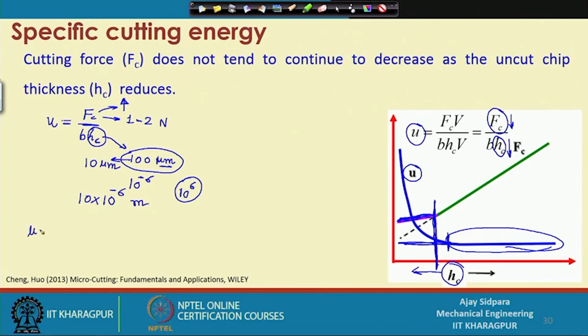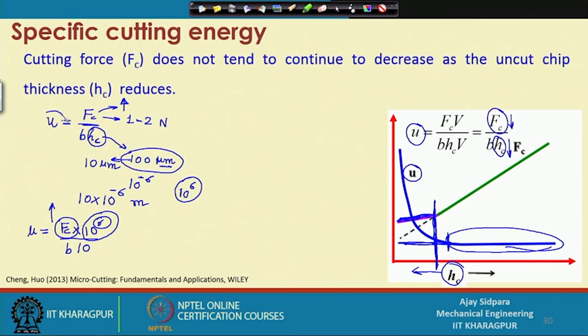So, now u will be Fc into 10 raised to 6 divided by B into 10, correct. So, this becomes positive, and we know that we are reducing this continuously, which is in the denominator, but your Fc is not reducing, it is going higher and higher because of this particular thing.